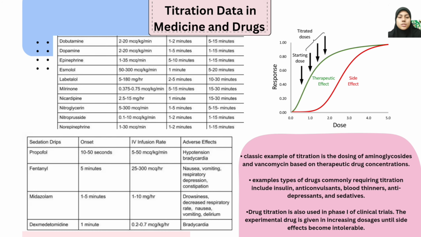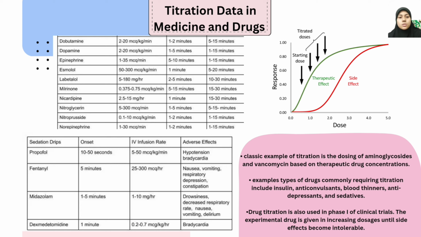Next, this slide shows data on the correct dose for making medicines or drugs. This is a way to limit potential side effects by taking time to see how your body will react to a drug. Some examples of the types of drugs commonly requiring titration include insulin, anticonvulsants, blood thinners, antidepressants, and sedatives.